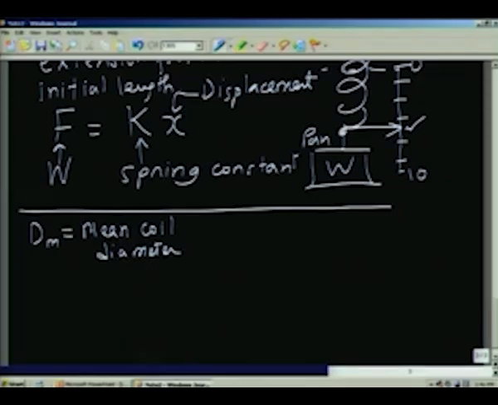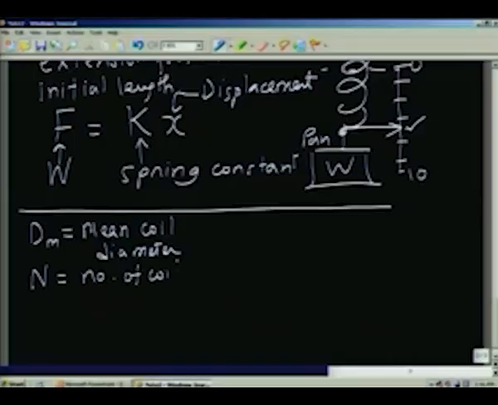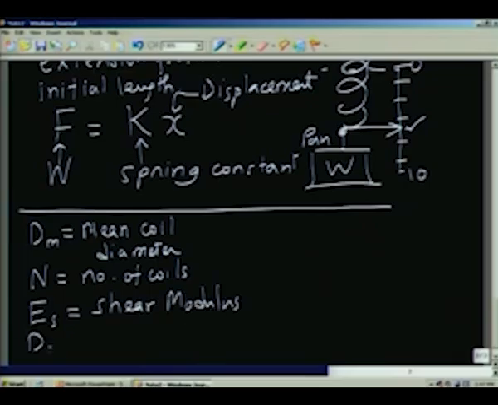The mean coil diameter is dm, number of coils is n, and then we have the shear modulus. Sometimes the symbol G is used for that. I am just using shear modulus ES, and the wire diameter is dW.